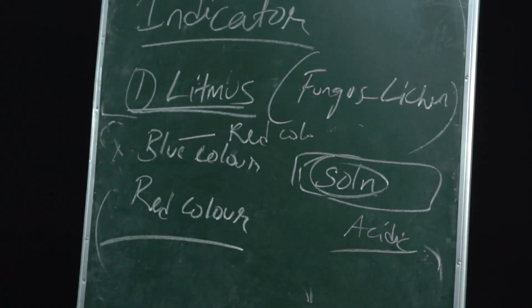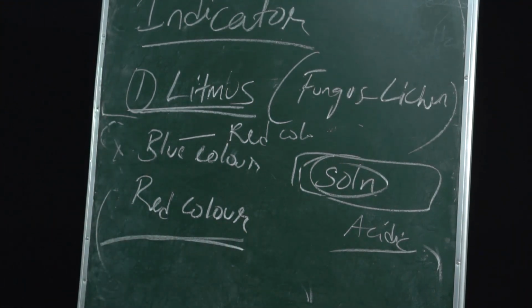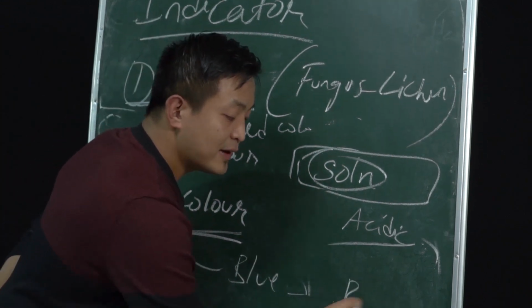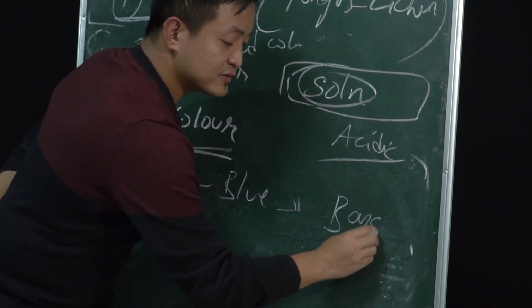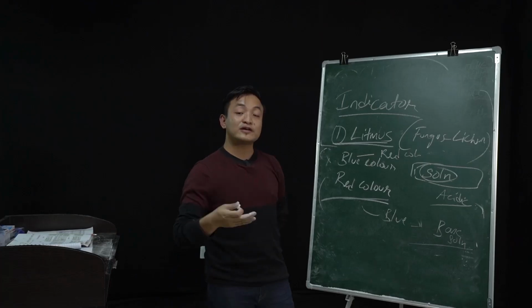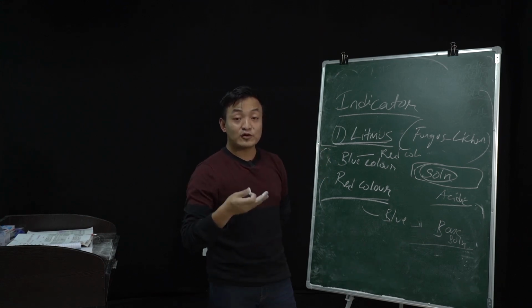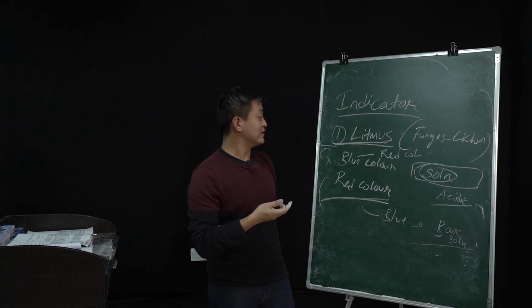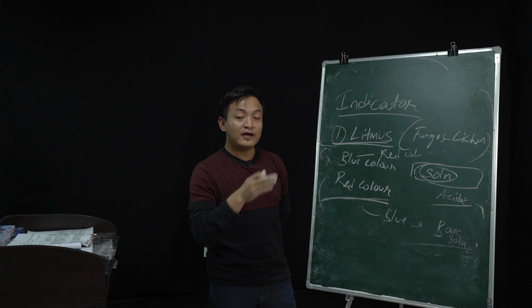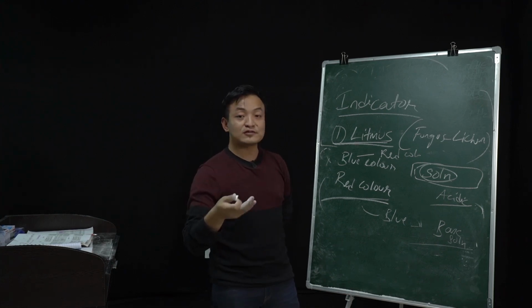Now the second is red litmus. If red changes to blue, then that is a base solution. This is how we identify whether the given solution is an acid or a base by changing its color. Blue changing to red means it is an acidic solution. Red litmus changing to blue means it is a base solution.